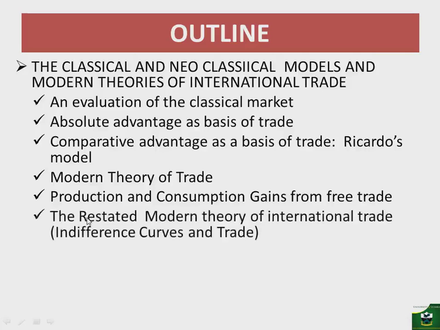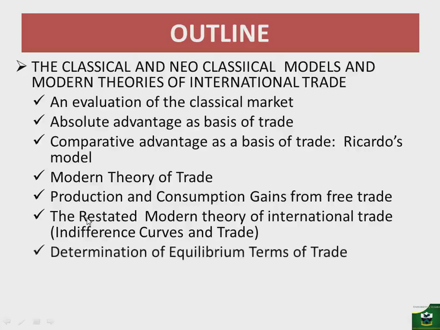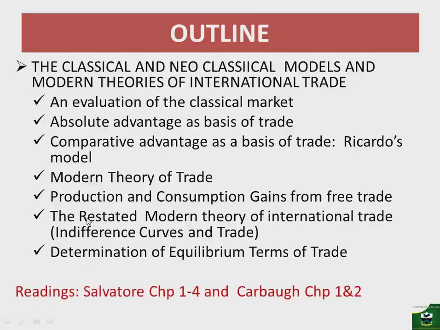In this one, we will look at the indifference curves and how they affect trade. And lastly, we will have the determination of equilibrium terms of trade. For further readings, you can look at Dominic Salvatore, chapters 1 to 4, and Carbaugh, chapters 1 and 2.